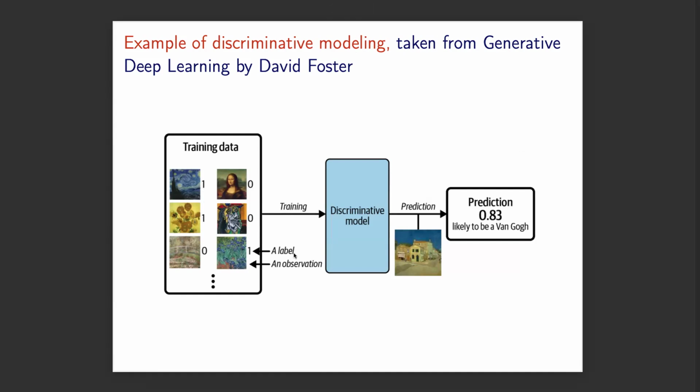A classification problem like this one is where you train on images, in this case paintings of Van Gogh, and then you put a label, yes, no, or 0, 1. Then you train a model to recognize Van Gogh paintings. And your model will say something about whether this is a Van Gogh or not when you feed it with a new painting. This is a classical example of a discriminative model, which is the type of modeling which we will stay with.